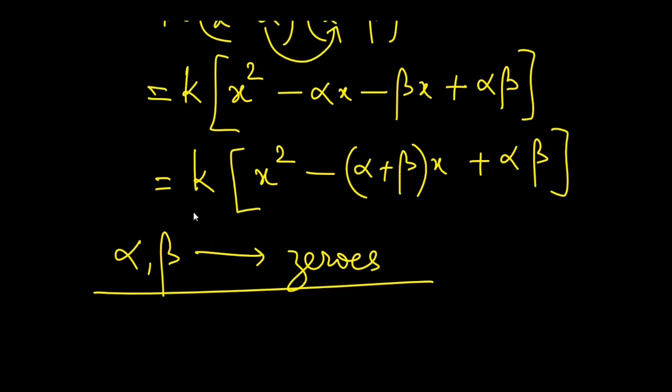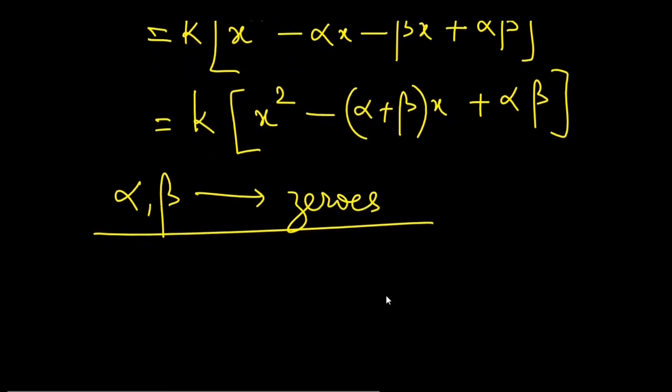The polynomial having zeros alpha beta is k times x square minus alpha plus beta x plus alpha beta. Let us compare this one with the general form of the quadratic polynomial, ax square plus bx plus c.